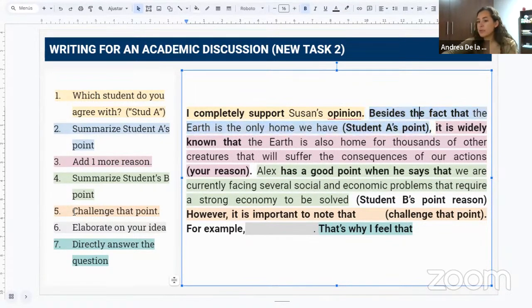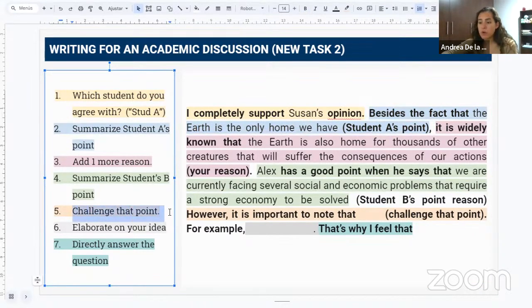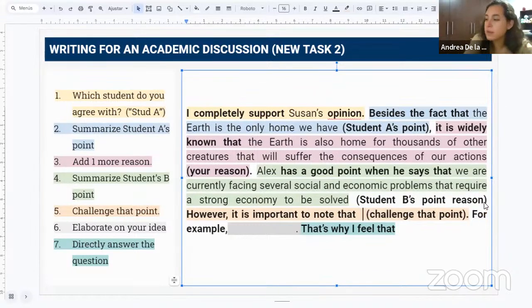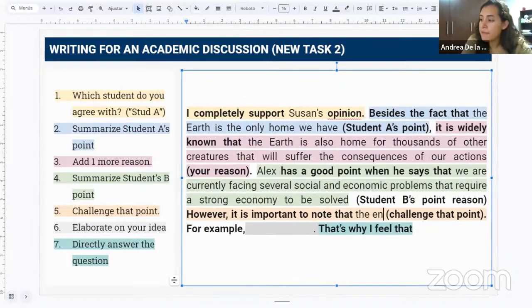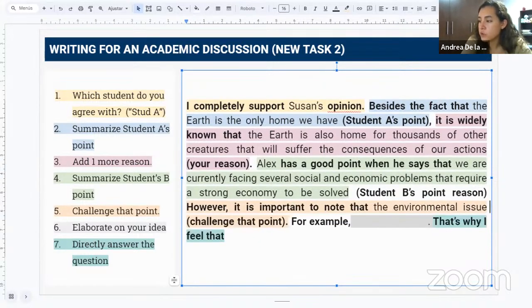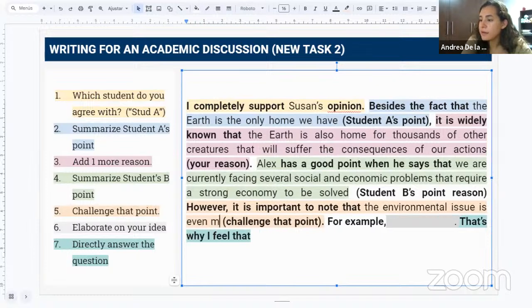Entonces continuamos con nuestra idea, ¿no? Primero lo contrastamos, podemos decir, however, it is important to note that. Entonces podemos decir, however, it is important to note that the environmental problem or issue is more urgent.